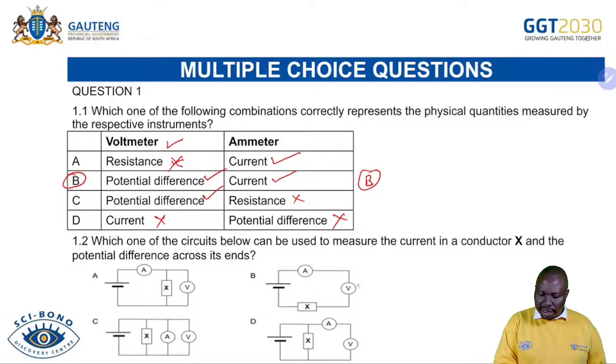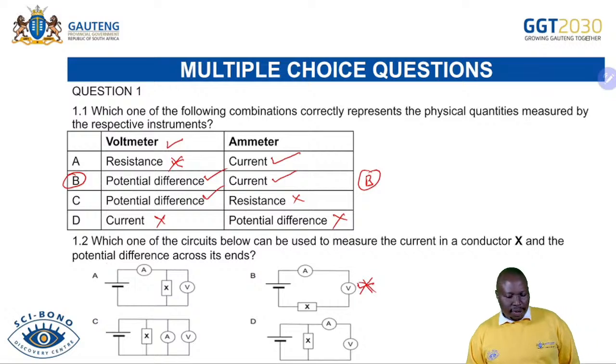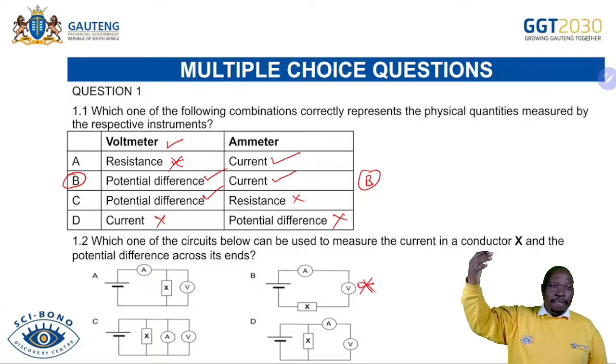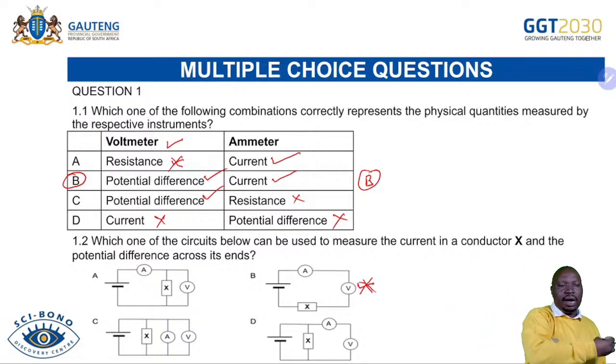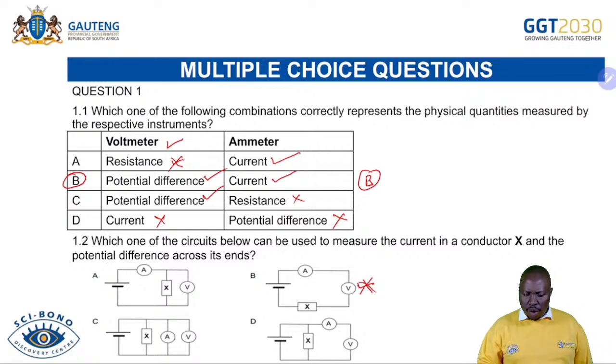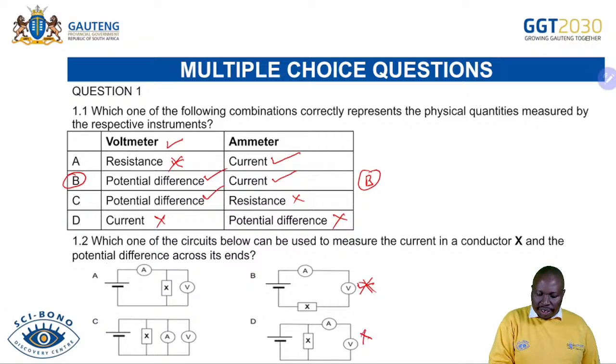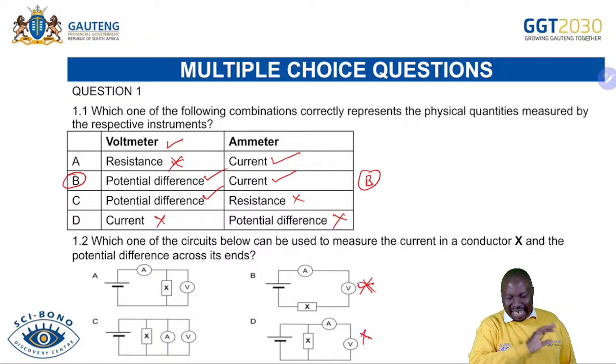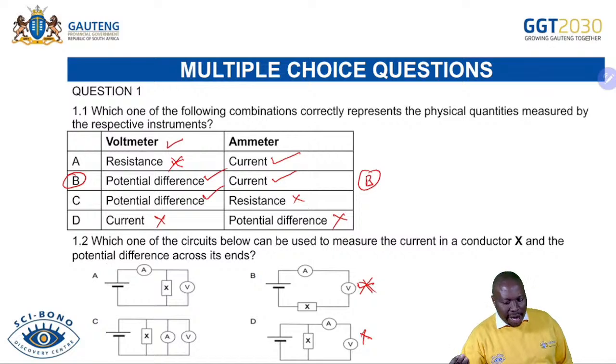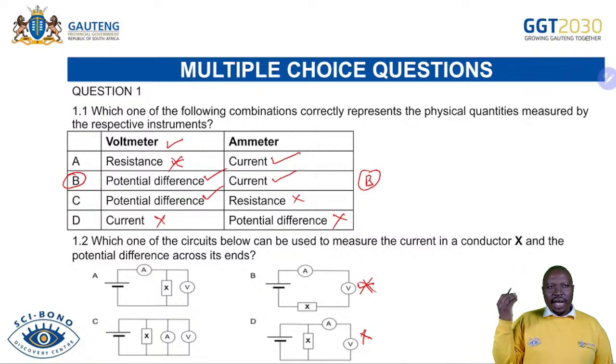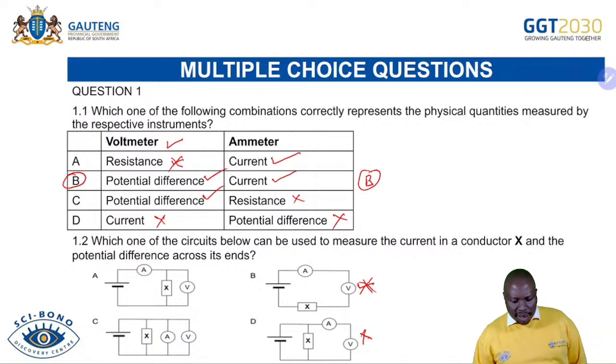Look at number B. The voltmeter is in series, so this is wrong because the voltmeter has higher resistance and it won't allow the charges to flow. Hence when it's in series, you know it's out. So you can tell that number B and D are distractors. They cannot be answers. Why? Because we have the voltmeter connected in series.